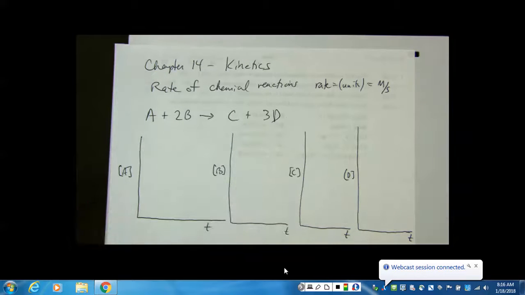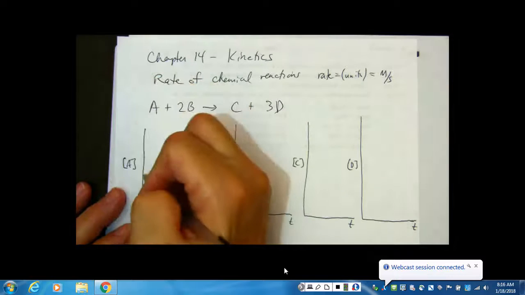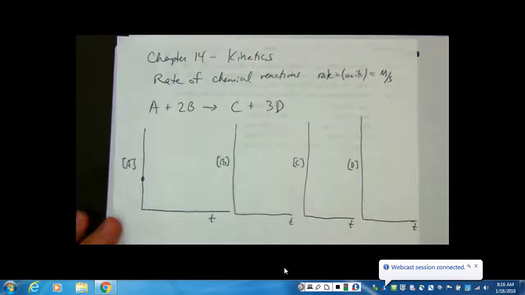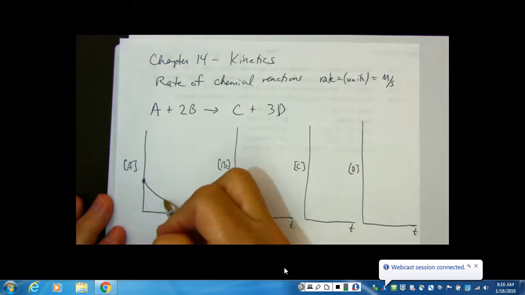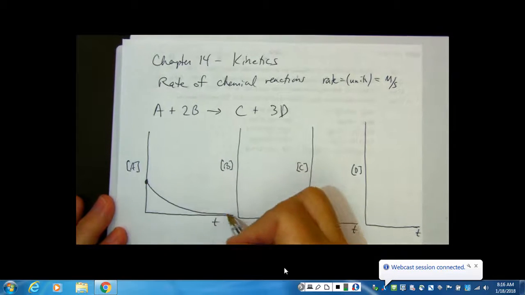What's happening to the molarities of the reactants? They're decreasing. What's happening to the molarity of the products? Increasing. So if this is A, we're starting with exactly the stoichiometric amount of A and B, such that when the reaction's complete, both A and B are all gone. If this is my A, we know it's going down.